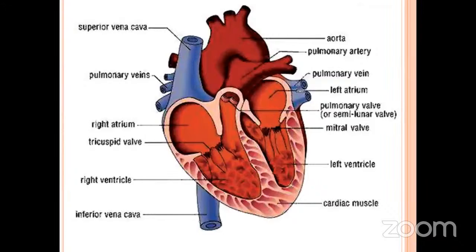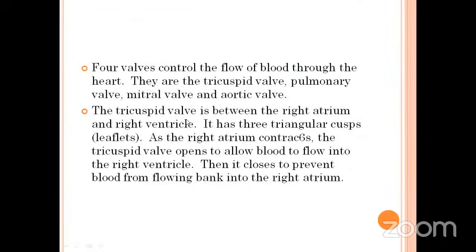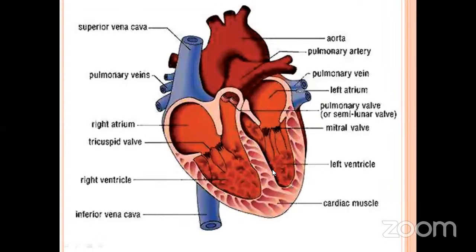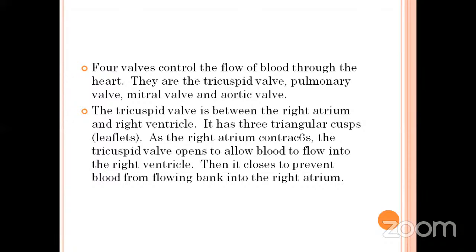So the right atrium is here, and the ventricle. It has 3 triangular cusps.